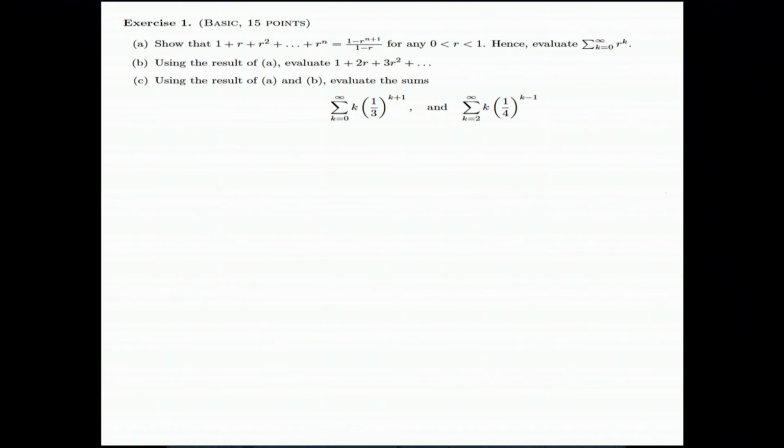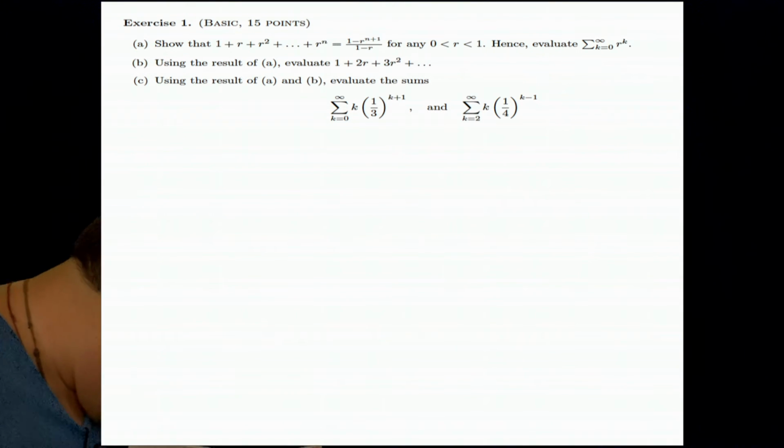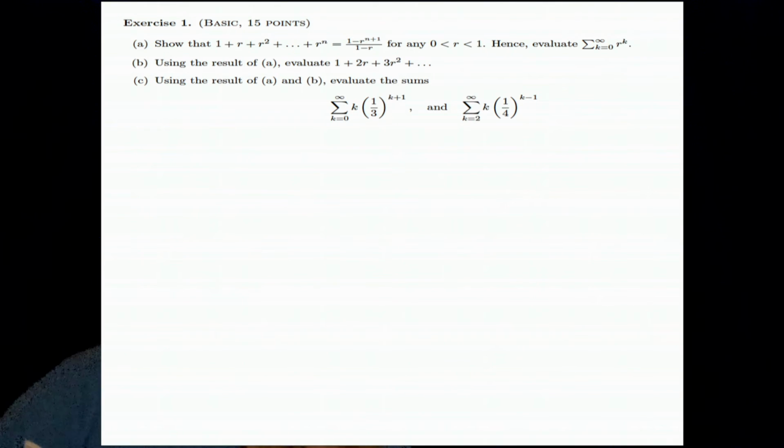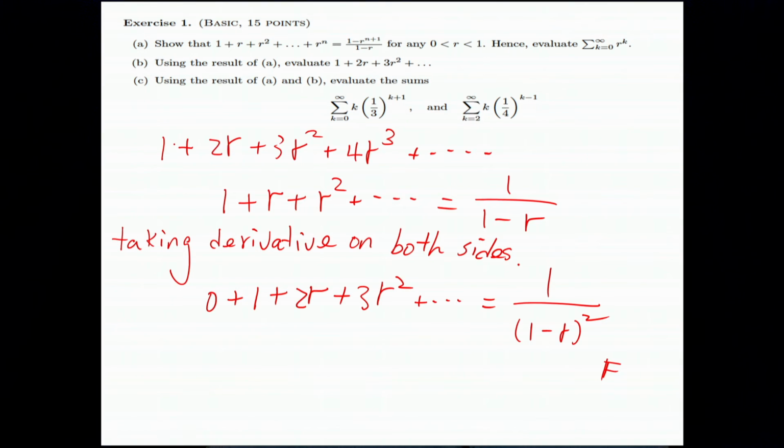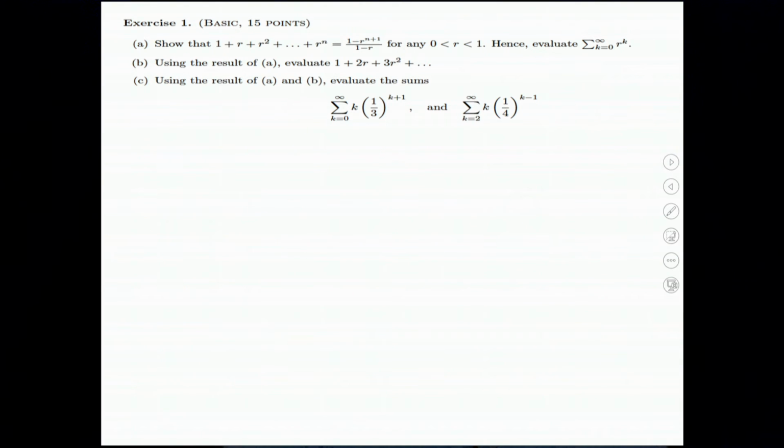So part C, using the result of part A and part B, find the following sums. So first, I have a summation k equals 0 to infinity of k times the ratio to the k plus 1.